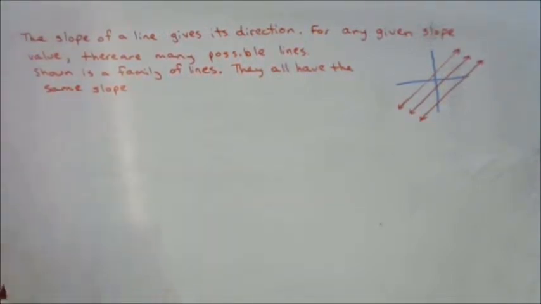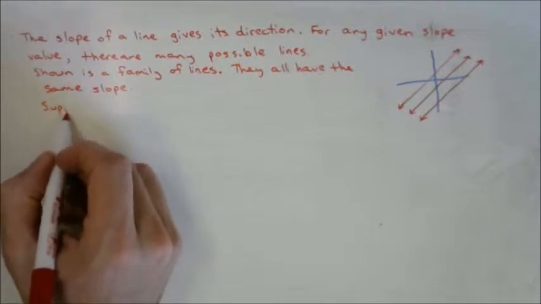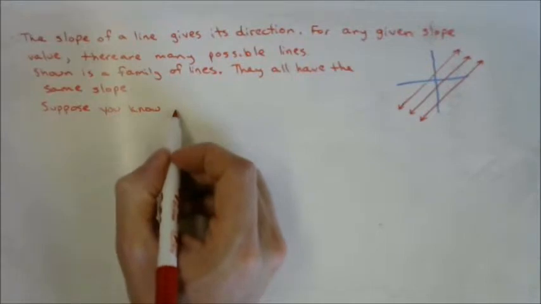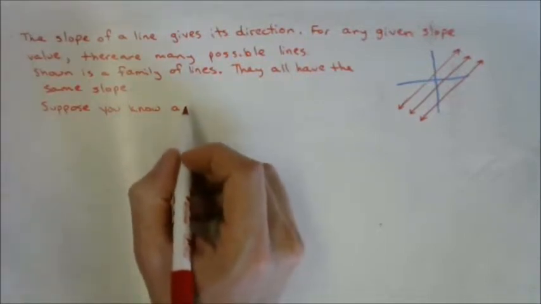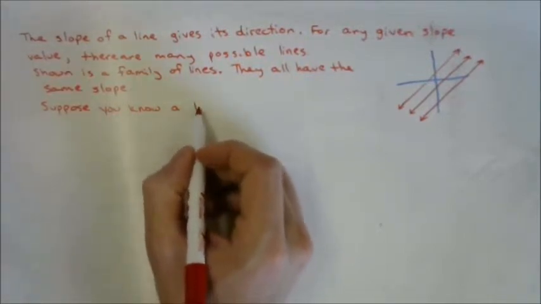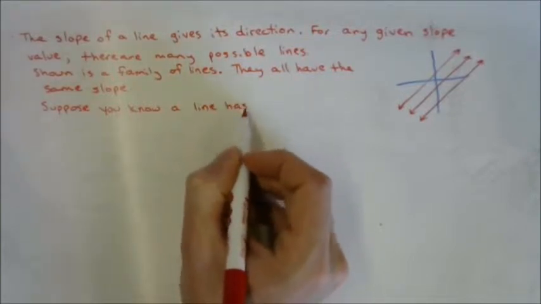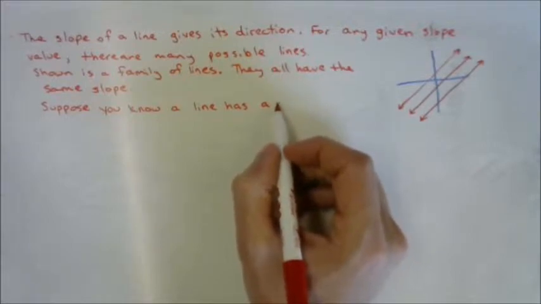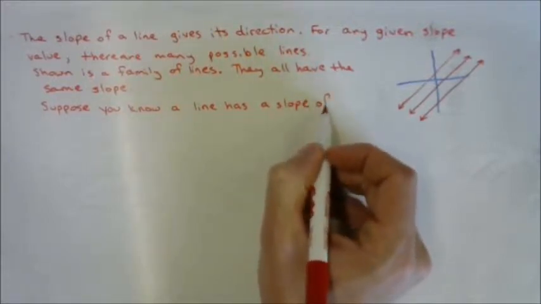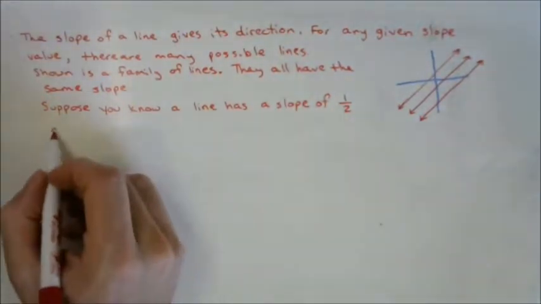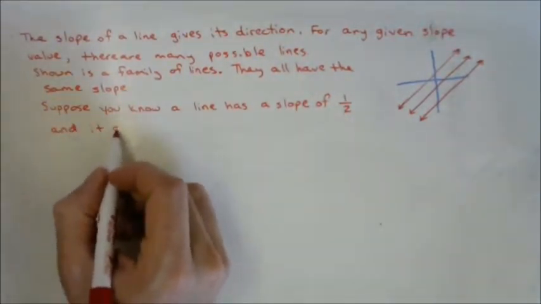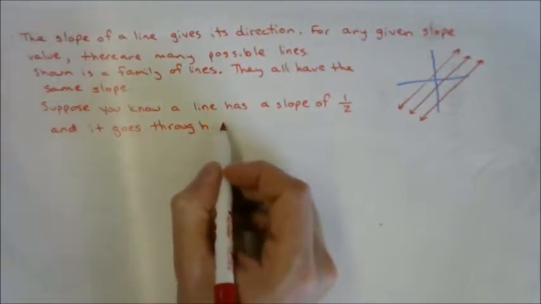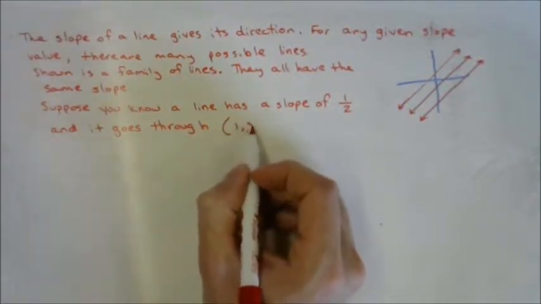Alright. Suppose you know that a line has a slope of 1/2 and it goes through the point 1, 5.